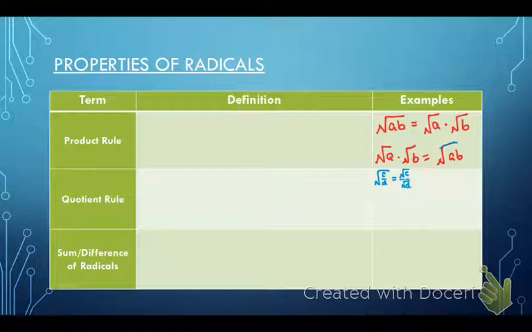If I start with the square root of C over the square root of D, I can put everything underneath the radical, and it works in both directions.